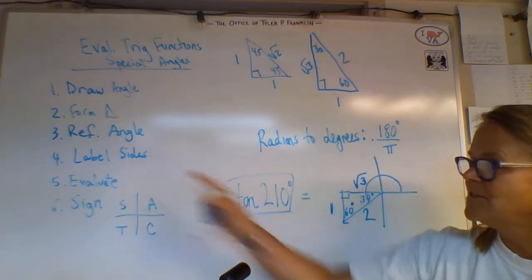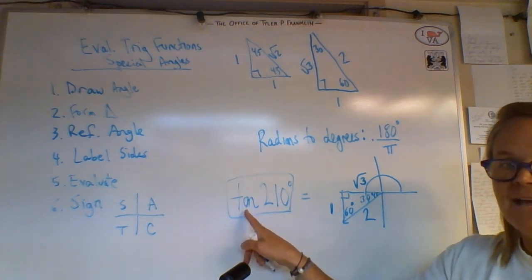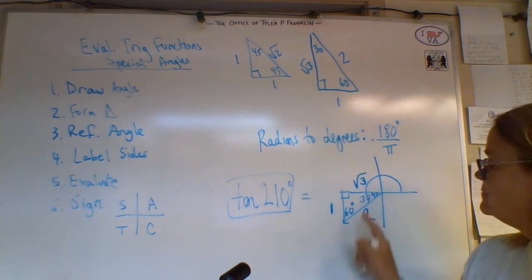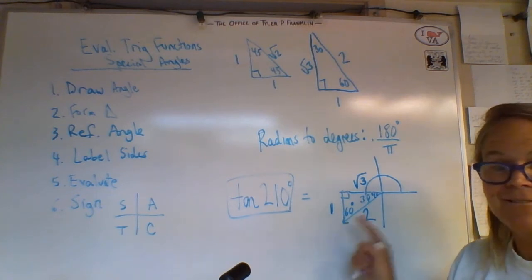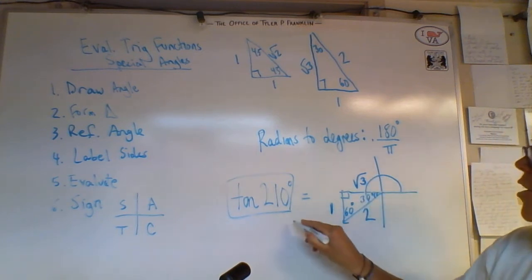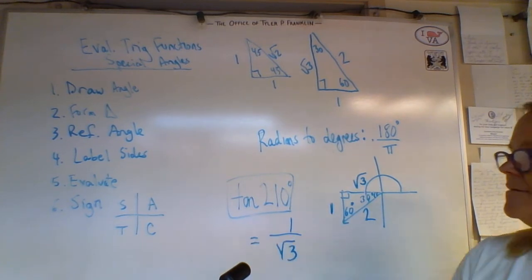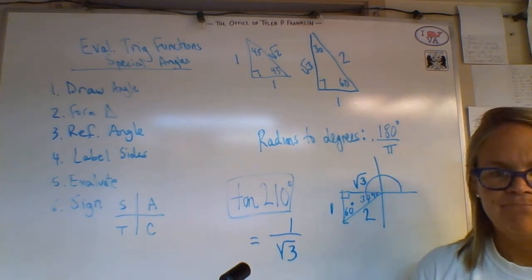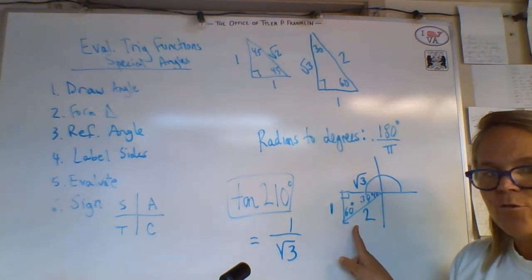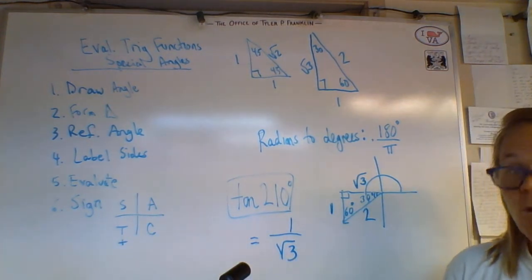Step number 5, evaluate. You use the reference angle, find the tangent. Tangent is opposite over adjacent, sorry. Opposite over adjacent. 1 over radical 3. Step 6, sign. All students take calculus. This is in quadrant 3. Tangent is positive in quadrant 3.